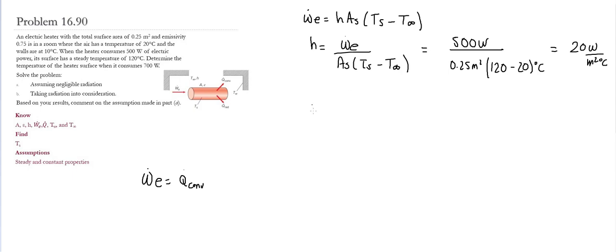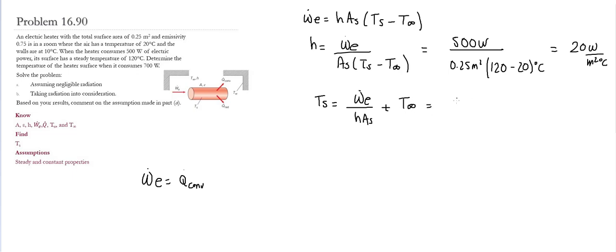Using this value of h, we're going to solve this equation for the surface temperature. So the surface temperature is simply going to be the electrical power divided by the convection coefficient times the surface area, plus the air temperature.